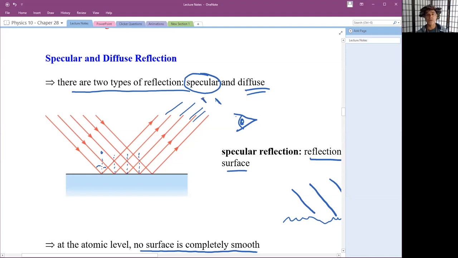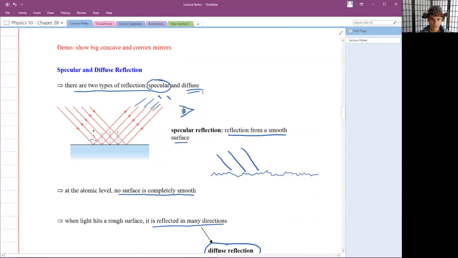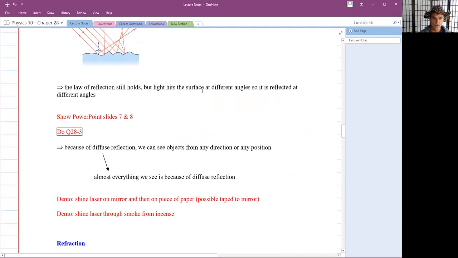If I was in a different location, then I would not be able to see it. So because of diffuse reflection, we can pretty much see objects from any direction or any position, and almost everything we see is because of diffuse reflection.